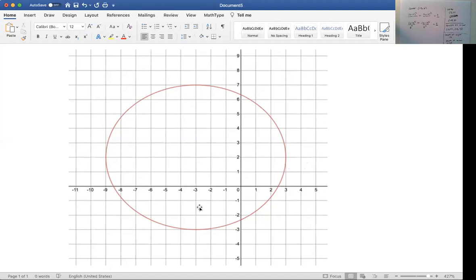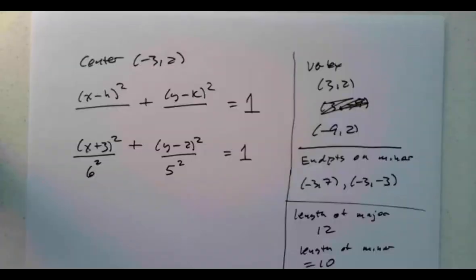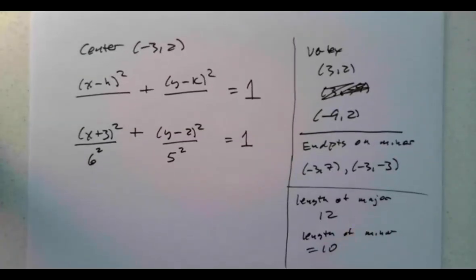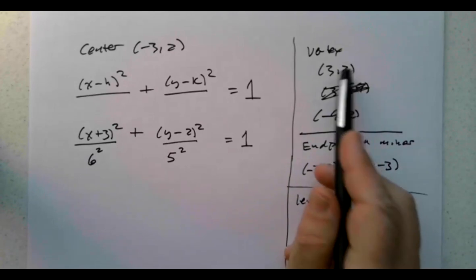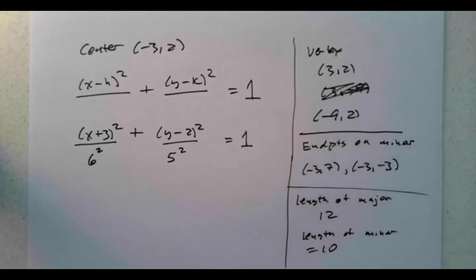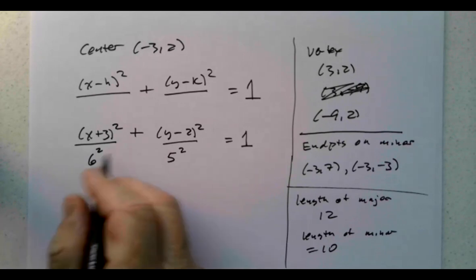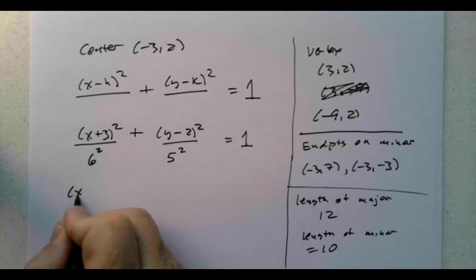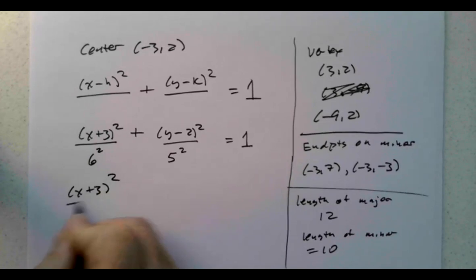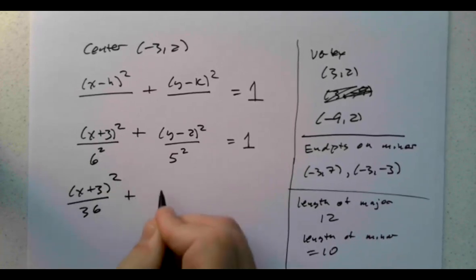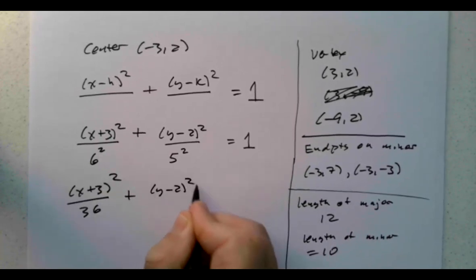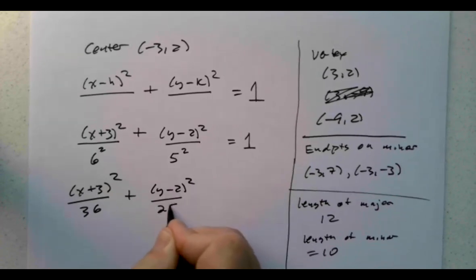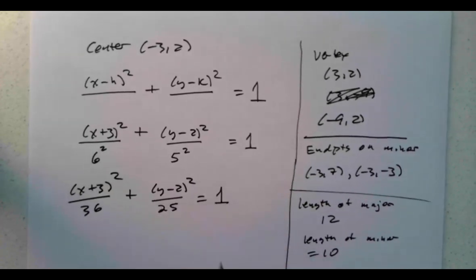So we have our equation. We have our lengths. Length of major is 12, length of minor is 10. We have our vertices, we have our endpoints on our minor axis, and we have our equation. So the last thing we need to get is our foci. So we'll simplify our equation just a little bit: (x plus 3) squared over 36 plus (y minus 2) squared over 25 equals 1.